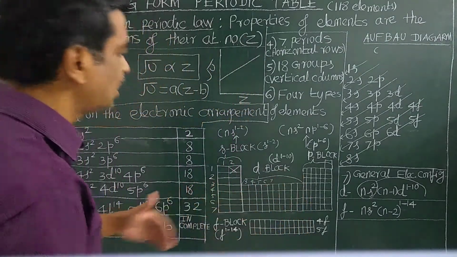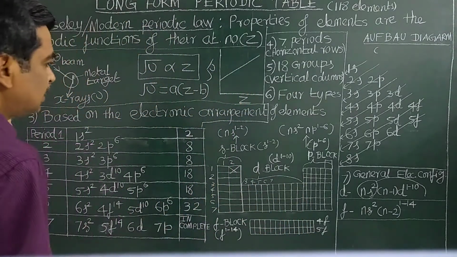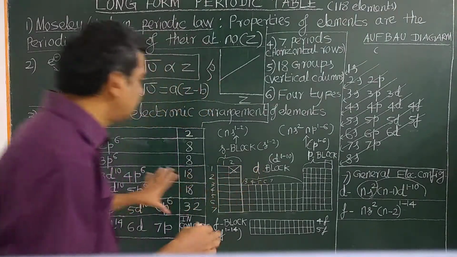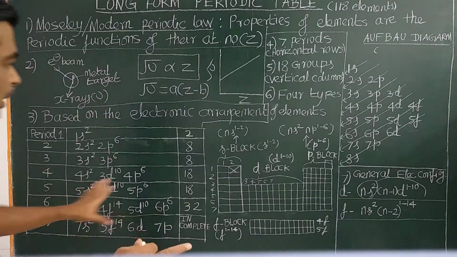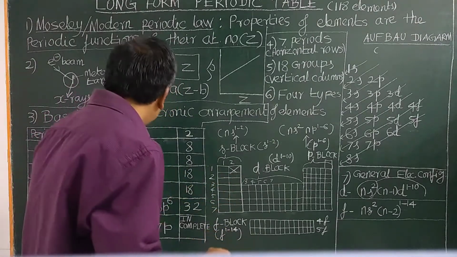Therefore, they are placed at the bottom of the periodic table. This is the brief outline of the modern periodic table based on the electronic arrangement.